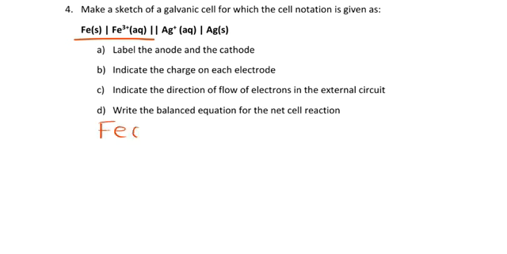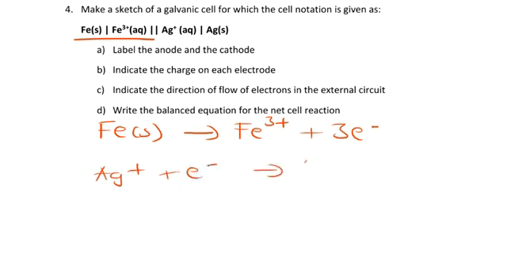So from the solid we have production of the 3 plus ion with emission of 3 electrons. And for the other one, it is reduction, so gain of electrons to give us a solid at the cathode. We need to balance the number of electrons, so multiply by 3 and by 3.